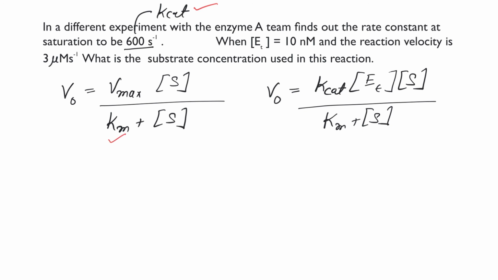ET has changed, so it's 10 nanomolar. The reaction velocity V naught is available to you. What is the substrate concentration? You have been asked to find the substrate concentration, and you have all the figures. This is basic algebra, and I'll leave the answers down in the comments, but do try to solve this on your own.